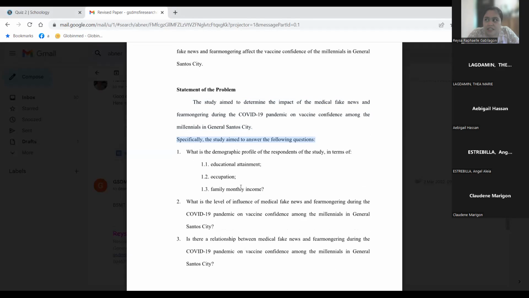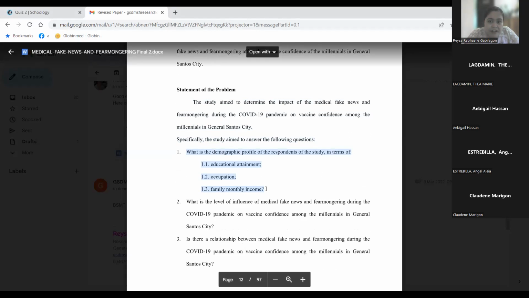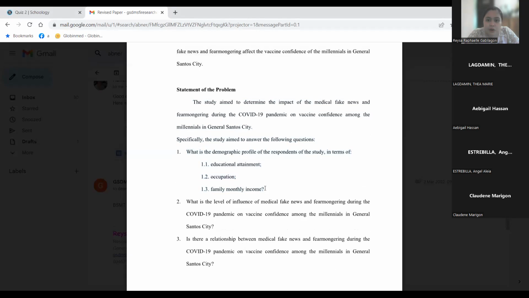Now, since this is a quantitative descriptive research, they started with the demographic profile of their respondents, but they only have 3 here. So for them, ito lang yung dapat nilang i-establish kasi ito lang yung important in their research. We have the educational attainment, occupation, and the family monthly income. Okay? Then next, it is followed by, syempre, questions that are relevant to their research and will help them achieve the objective of their study.